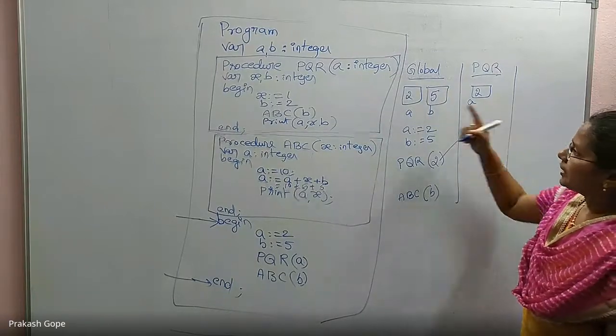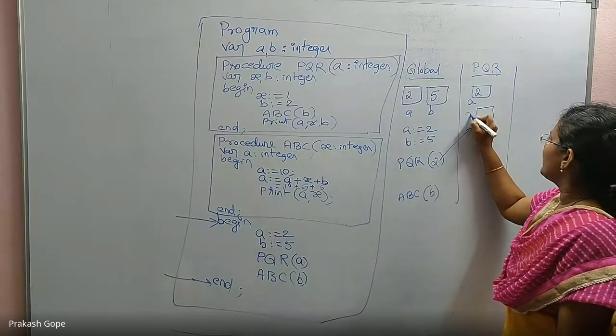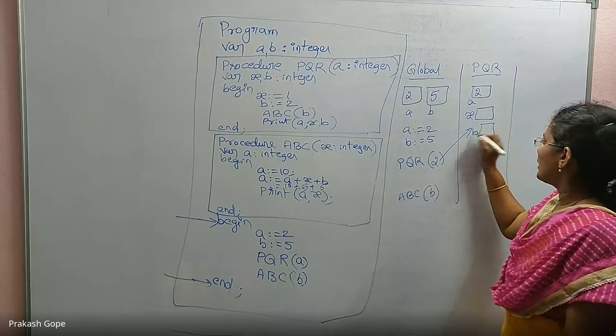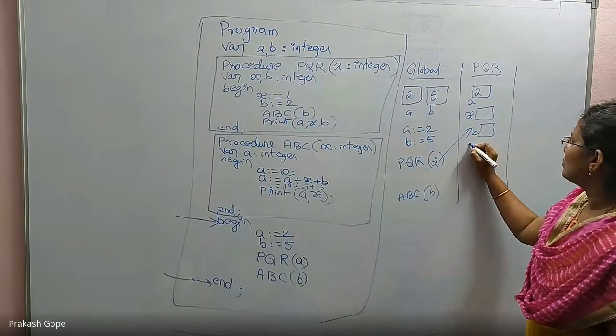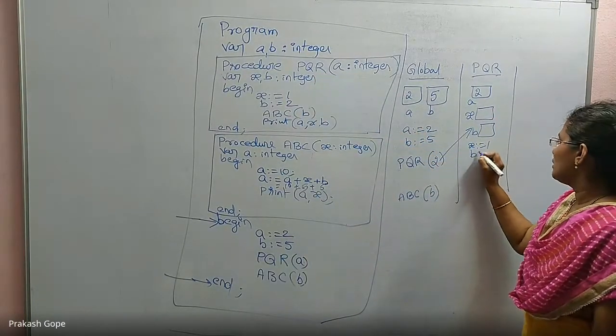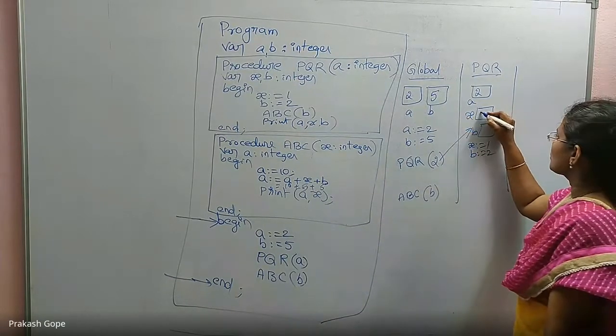Then there are 2 locally declared variables, X and B. Declared. Start execution. X equal to 1, B equal to 2. X is the locally declared X, yes, it is present, so assign.